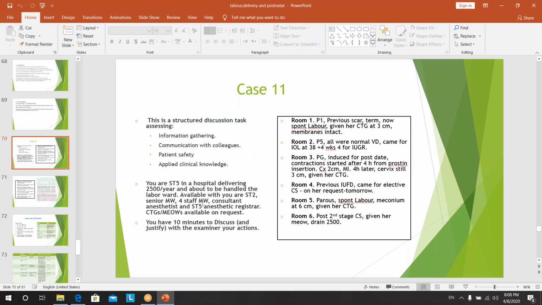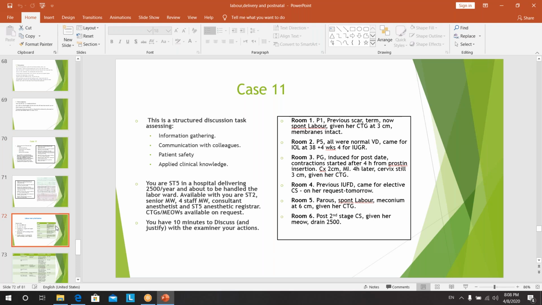This task came to assess your ability to assign your staff, and to know how you will prioritize the patients in the labor room, which case you will start with. In labor room prioritization, you will usually start with the case who has vaginal bleeding. Any patient who is bleeding will be the most urgent one.